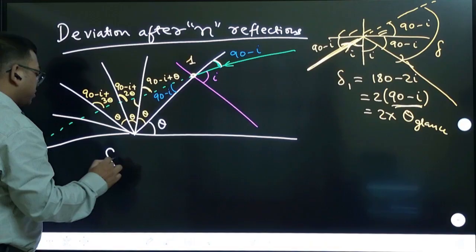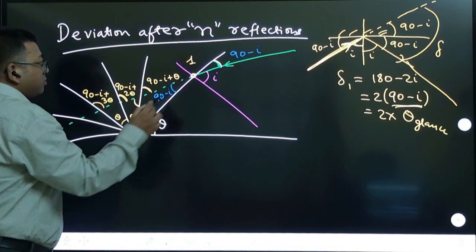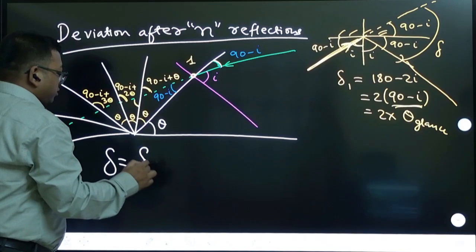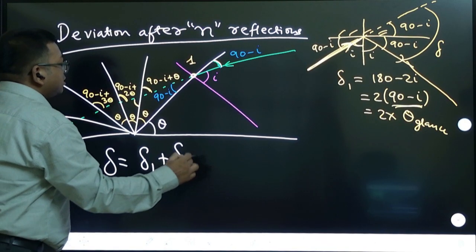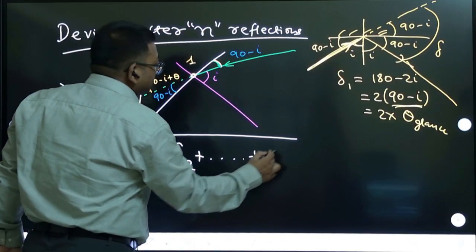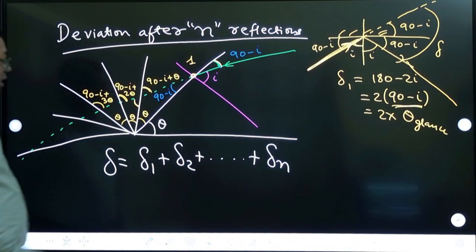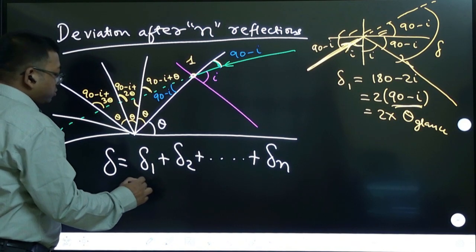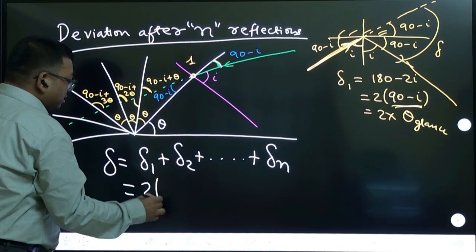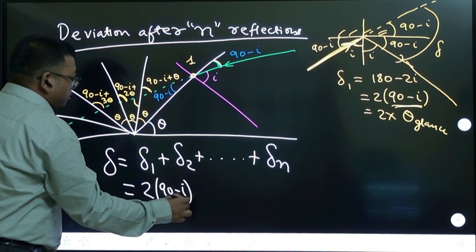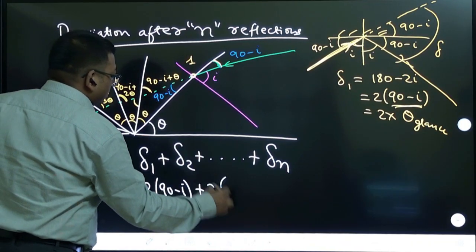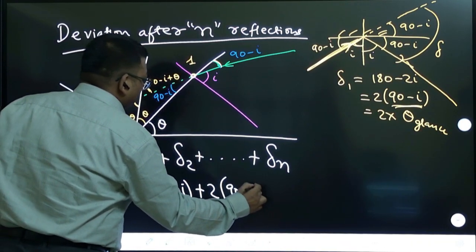So the total deviation you can calculate as the first place deviation, the second reflection deviation. Suppose n reflections are happening, so you have to take the deviation for all of them. The deviation at one surface is 2 times the glance angle. Here the glance angle is 90 minus i. Next the glance angle is 90 minus i plus theta.